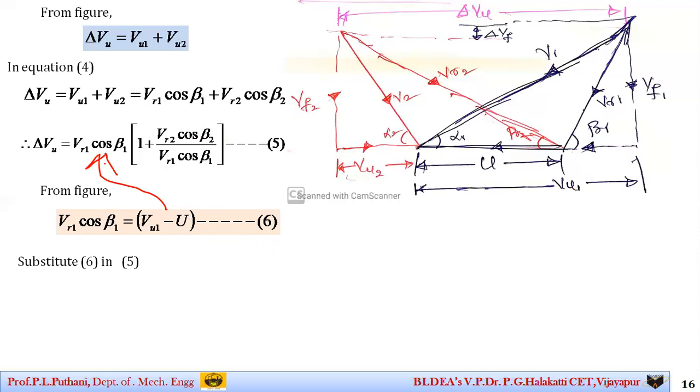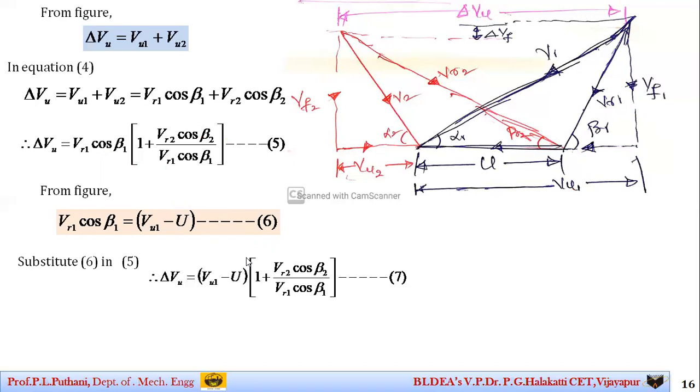So after substitution, the new equation which I get is in this form: delta V is equal to VU1 minus U into 1 plus VR2 cos beta 2 by VR1 cos beta 1.